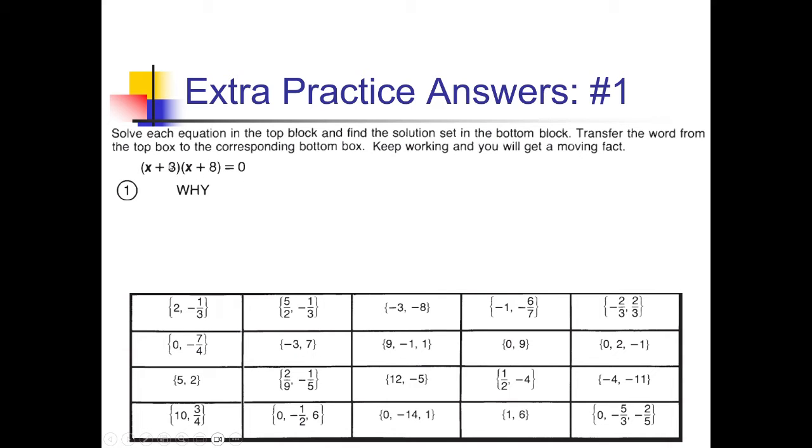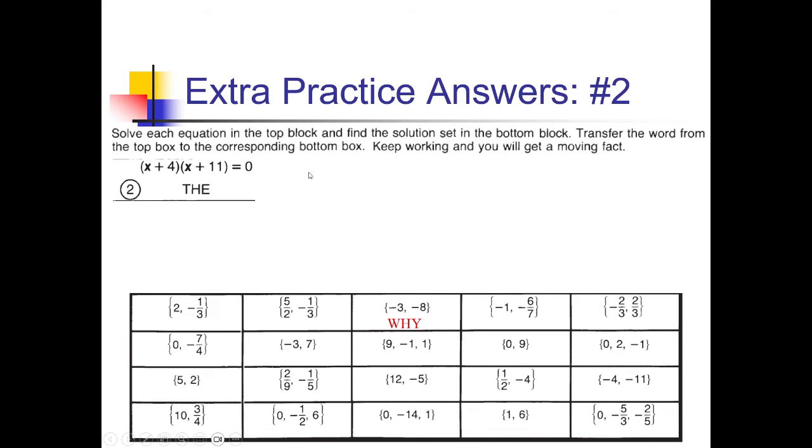So I can write this as x plus 3 equals 0, and also x plus 8 equals 0. So again, solving either one of these will solve the equation. So for the first one, I subtract 3. I get x equals negative 3. I subtract 8 over here, so x equals negative 8. And I look for negative 3 and negative 8 down below. That's here, top center. So I'm going to put the word y down there.